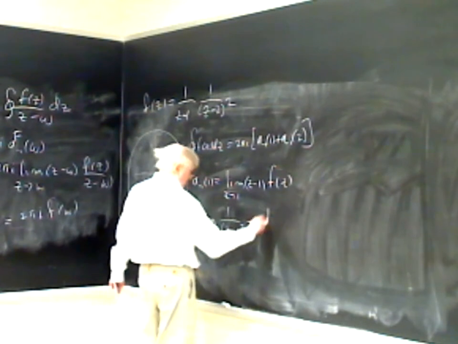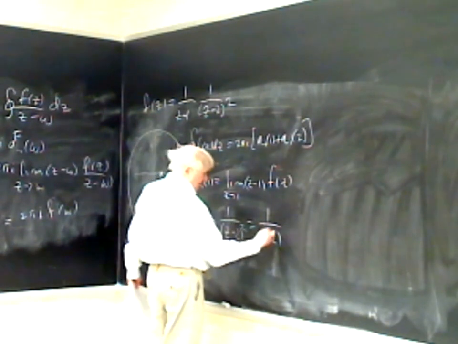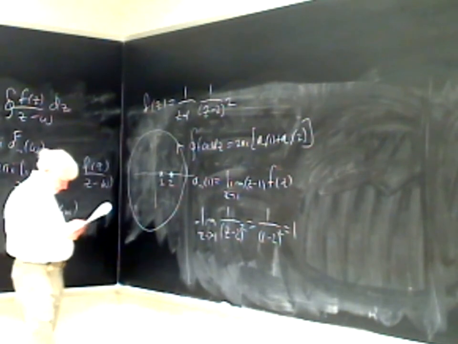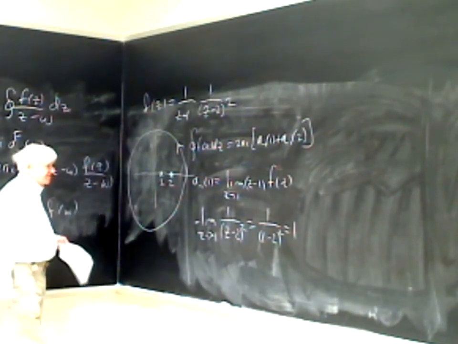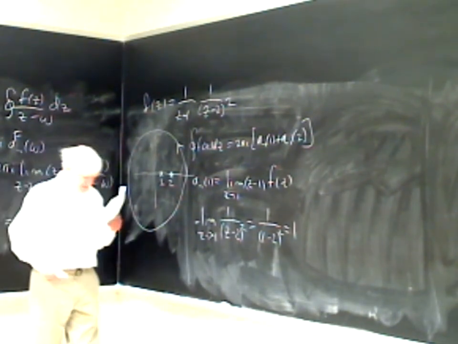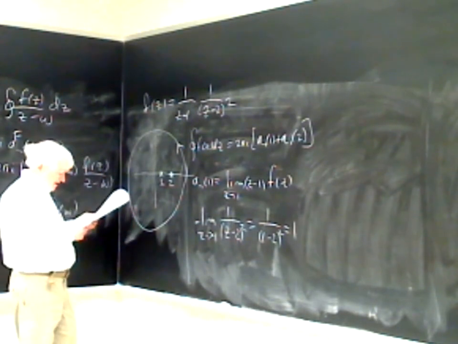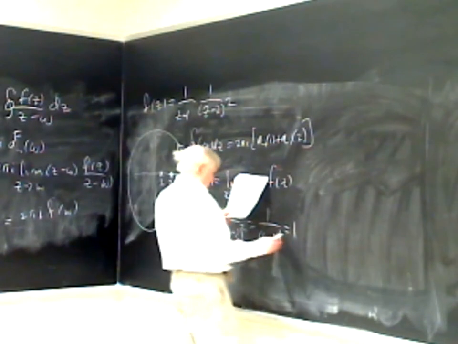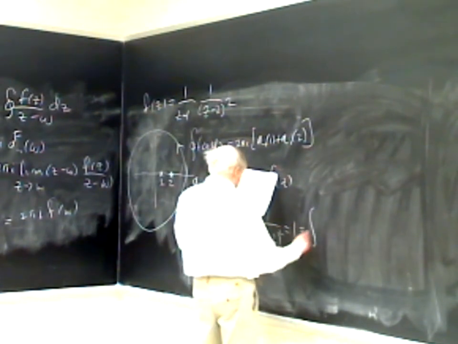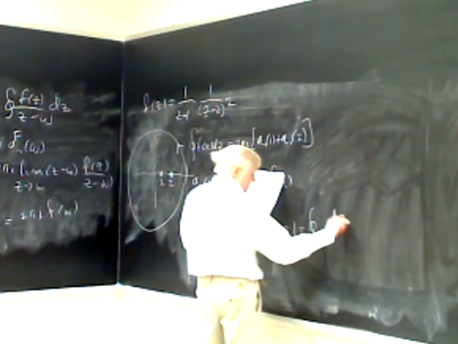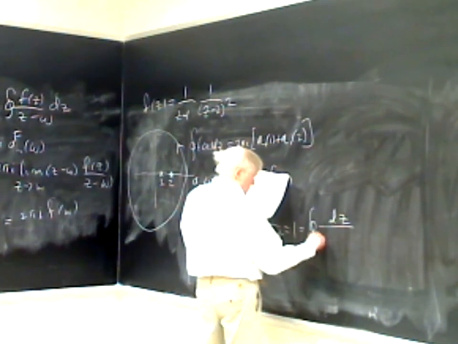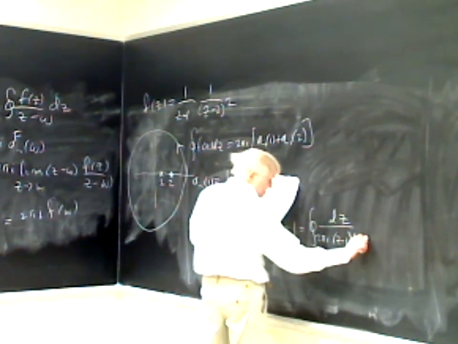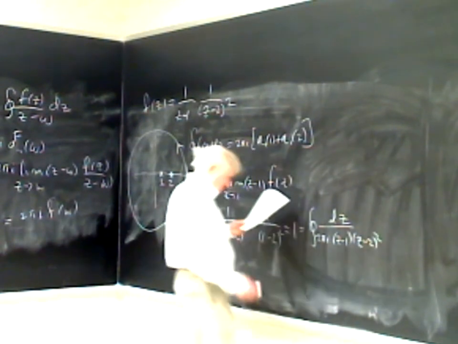Well, that's just 1 over 1 minus 2 squared, which is just 1. But if you do the explicit integral, you also get the same number. In other words, that's the same thing as the integral of dz over 2 pi i times z minus 1 times z minus 2 squared. That's also 1.